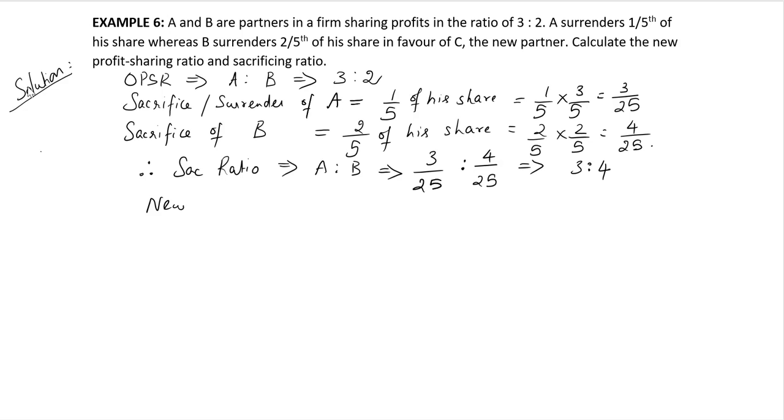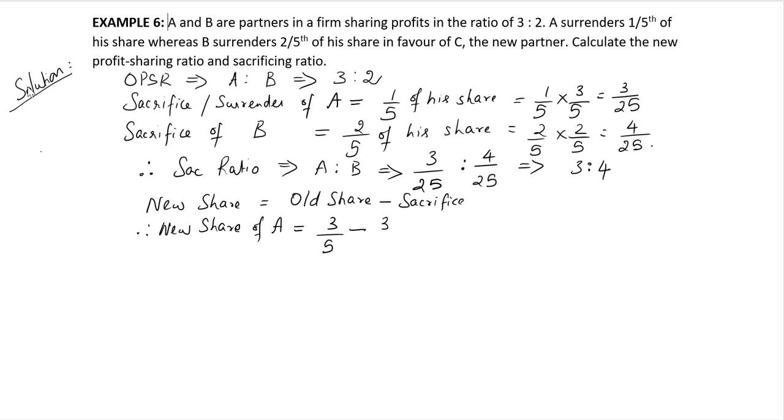Let's apply the formula. New share is equal to old share minus sacrifice. Therefore, the new share of A is equal to A's old share 3/5 minus the sacrifice of A, which is 3 divided by 25.